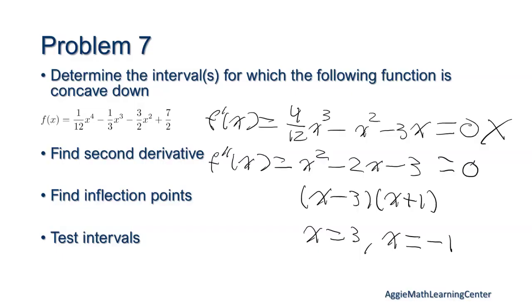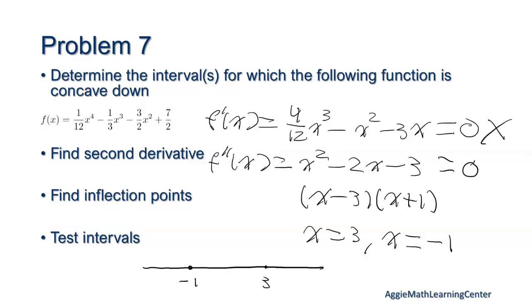And so those are our inflection points. Our potential inflection points, technically. So now, just like Walker did in the last problem, we'll draw a nice number line and label our inflection points. And then test on both sides of these inflection points to see what's happening.